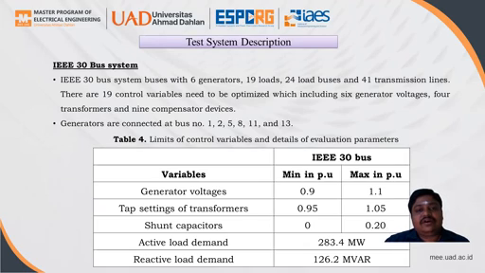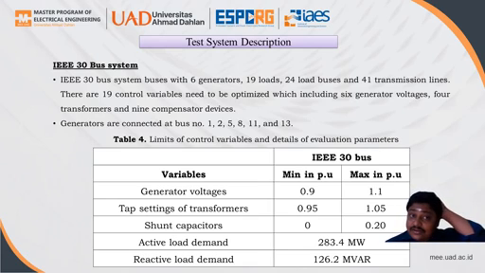In this work, we consider the IEEE 30 bus system as the test system. The IEEE 30 bus system has 6 generators, 19 loads, 24 load buses and 41 transmission lines.